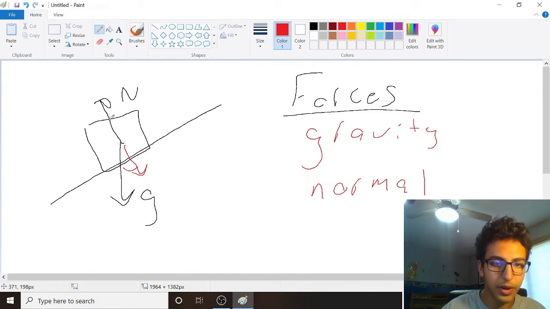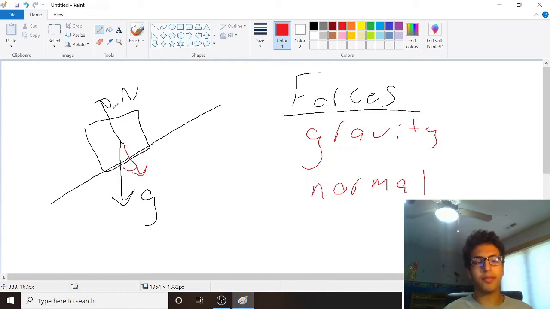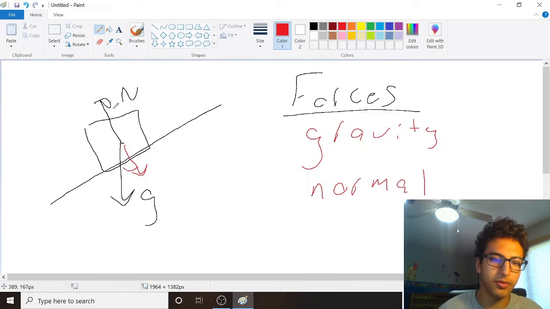Because we know gravity pulls down in this red direction, because it's straight down, and that's the component of it. And because we know that, there has to be another force of equal magnitude going up on it. And that's the normal force. Okay, so now we can think about the magnitude of the normal force.